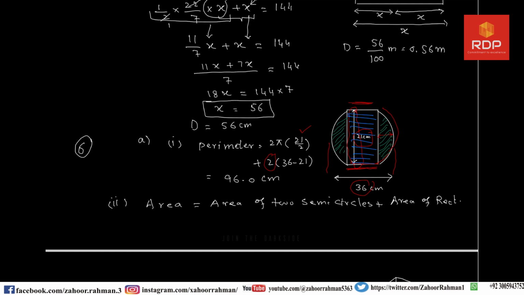Now we have to find the area of two semicircles, which means one full circle.